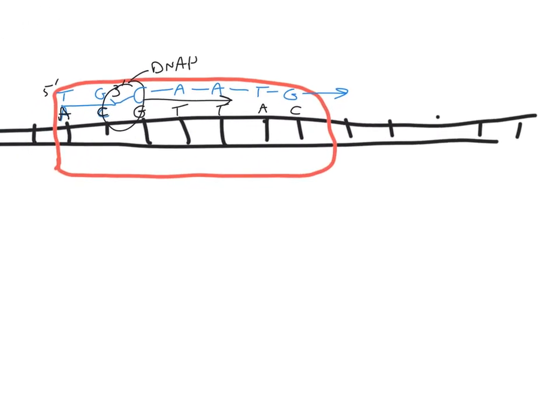It's going to be on the other strand, down here somewhere, and it's going to be synthesizing that direction. So there's its 5' end, its 3' end. So let's say the sequence of that primer from 5' to 3' is T and then A.